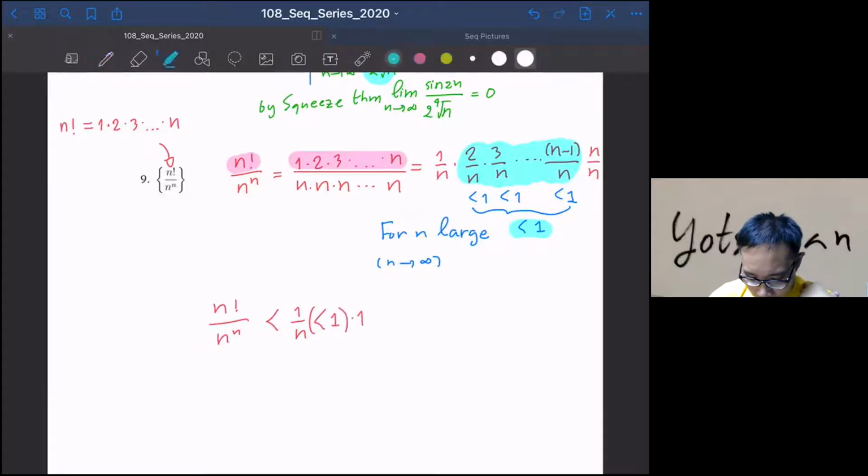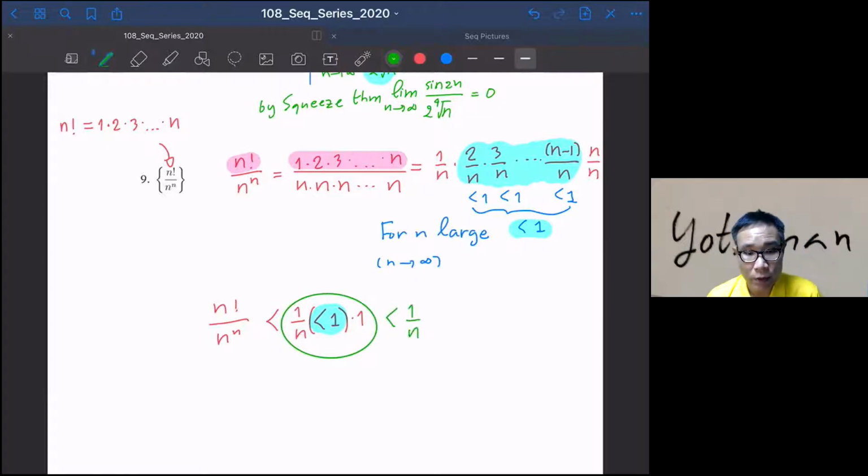So it's 3 parts: 1 over n, the thing that is smaller than 1, and n over n, which is 1. So the whole thing here will become smaller than 1 over n.